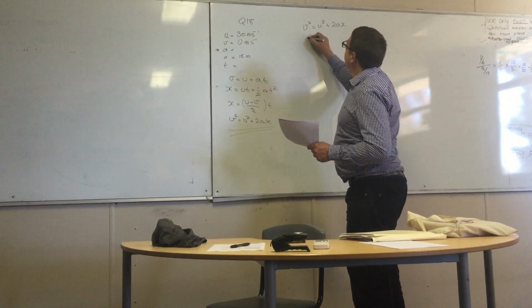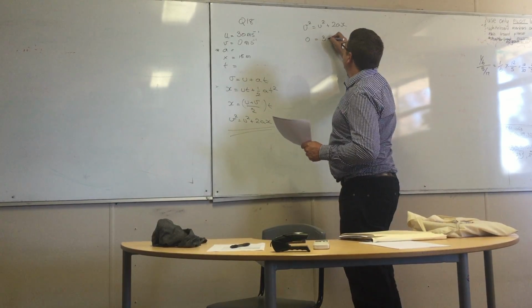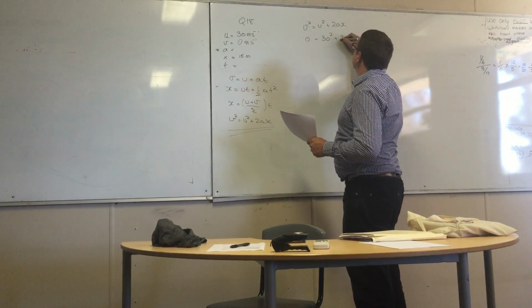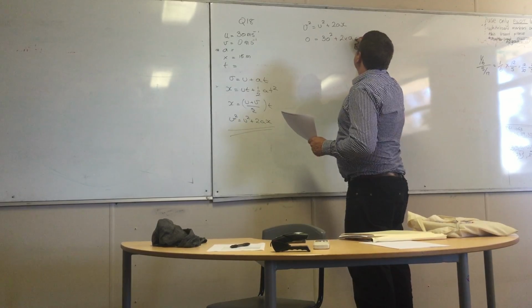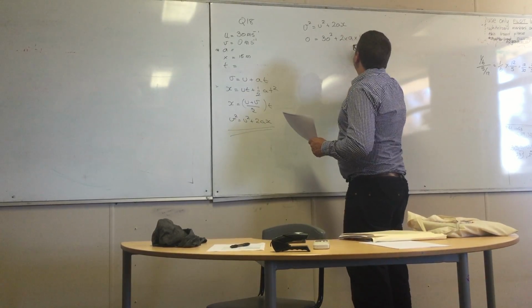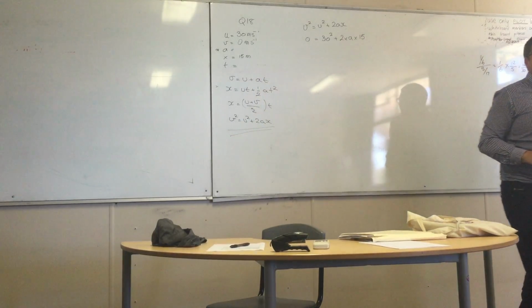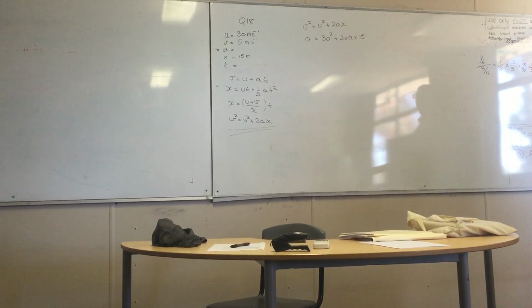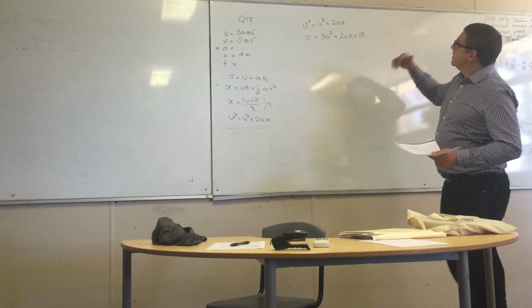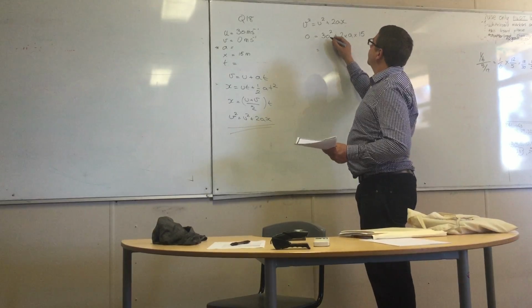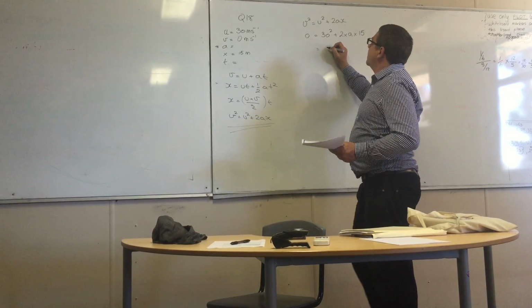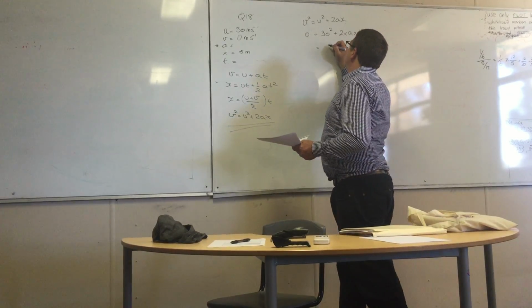So 0 equals 30 squared, plus 2 times A times 15 metres. Alright, substitute all my numbers in. And now that I've substituted the numbers in, let's just churn through it. What's 30 squared? 900.